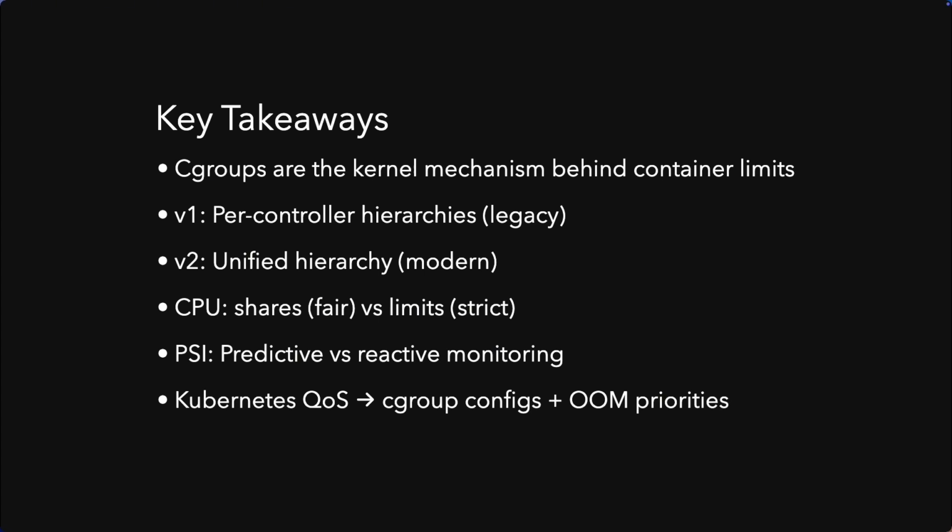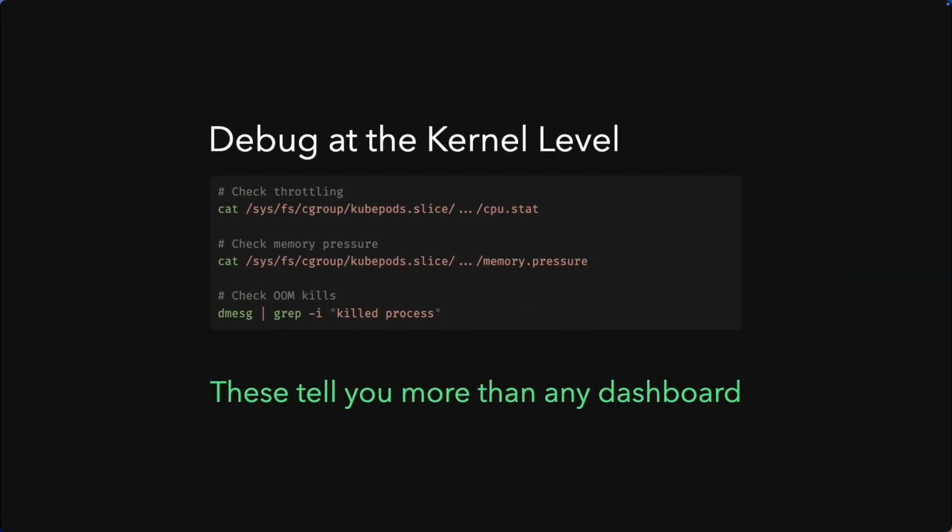And the key insight is that when you debug resource issues in production, don't stop at kubectl describe. Go to the node, inspect the cgroup files, check throttling stats, read PSI metrics. That's where the truth lives. Those 3 commands will tell you more than any dashboard.